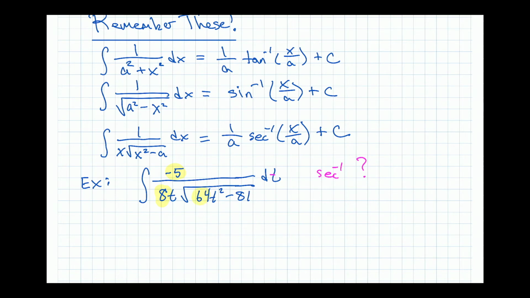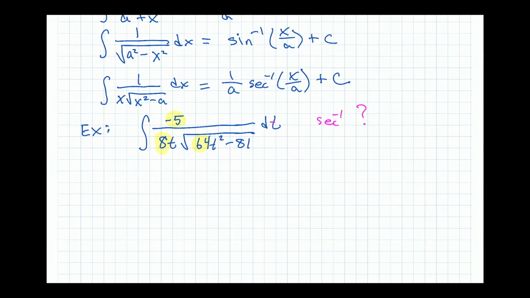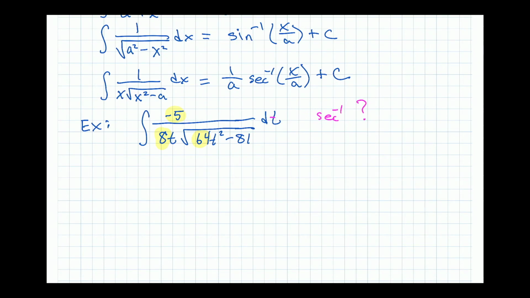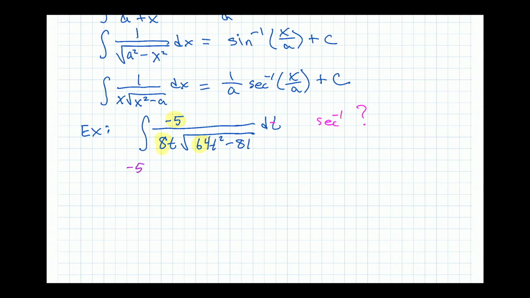And then there's a 64 here. Well, that shouldn't be here. We should take that out of the integral. Well, you can take it out of the integral, or you can do a U-substitution. So the way I'll do this is I'll say we should take the 5 and the 8 out first. So -5 over 8 integral 1 over t square root 64t squared minus 81 dt. All right, so there we go. We've already made an improvement.